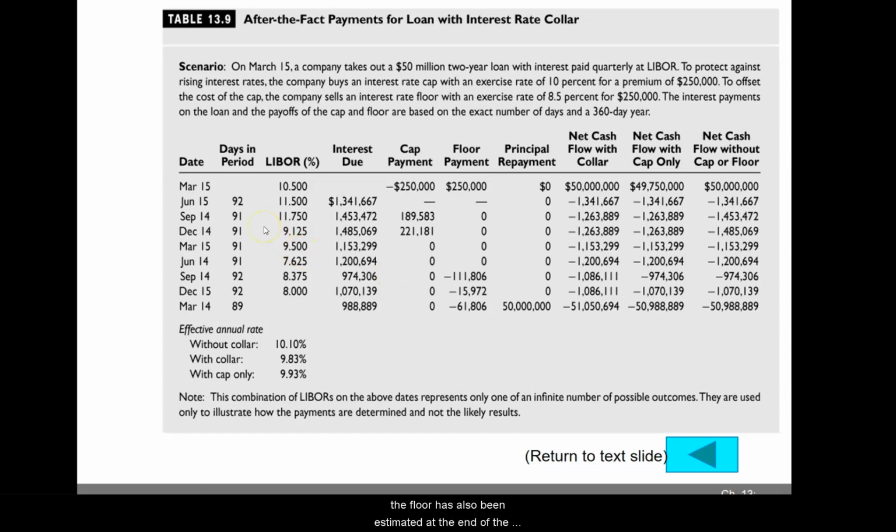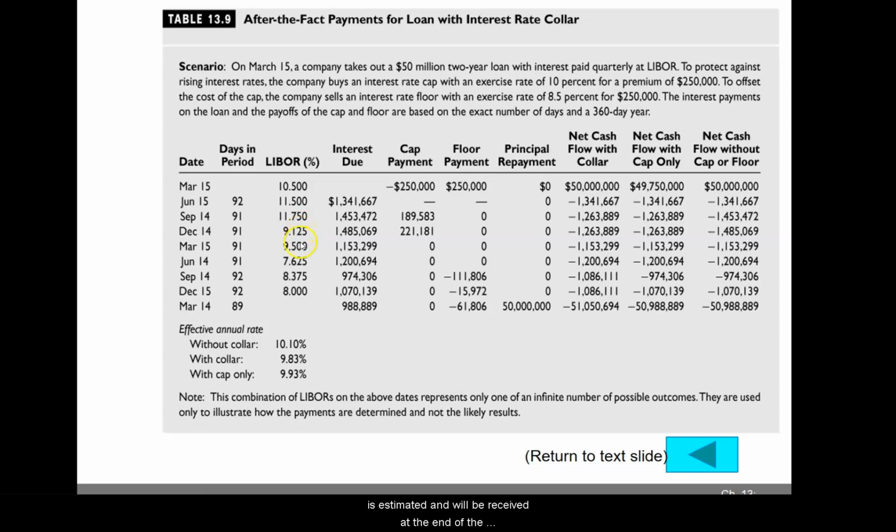At the end of the second quarter, the interest rate again is high, 11.75%, and again the second caplet is in the money, and we see the payoff is estimated and will be received at the end of the third quarter.